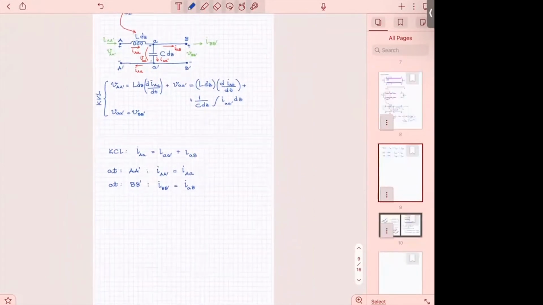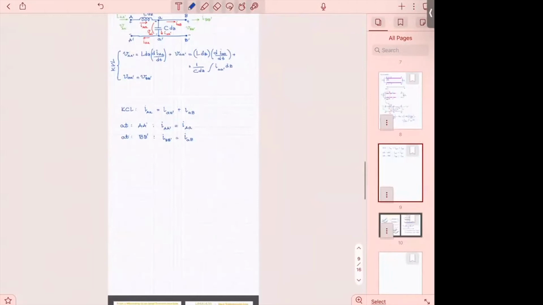One more thing we're gonna do. Now we are gonna assume that we have also a harmonic excitation. As we have assumed from the beginning, we are gonna take into consideration our harmonic excitation.